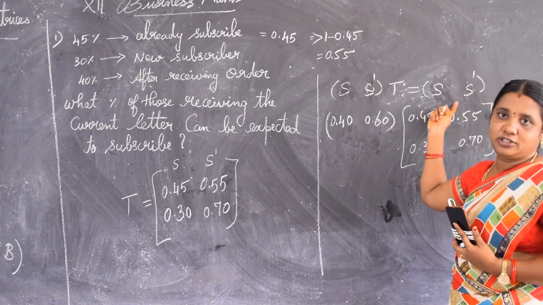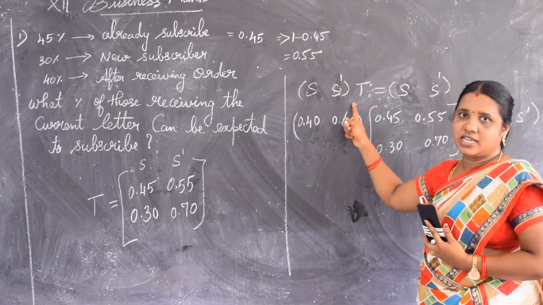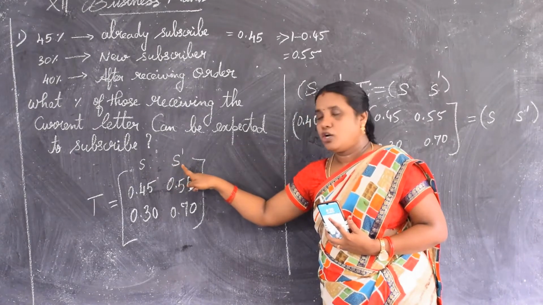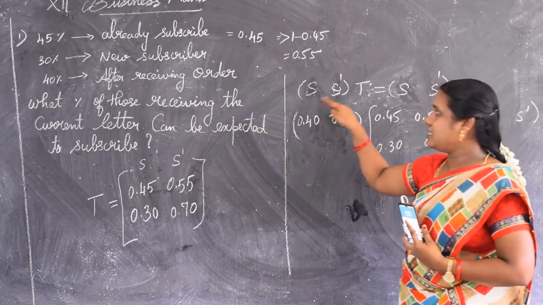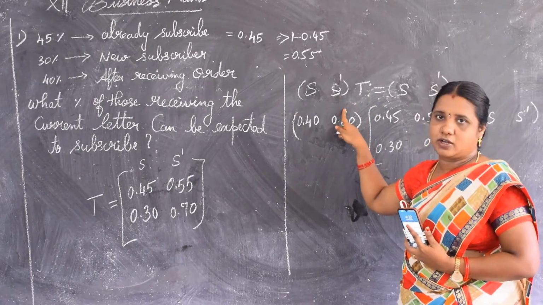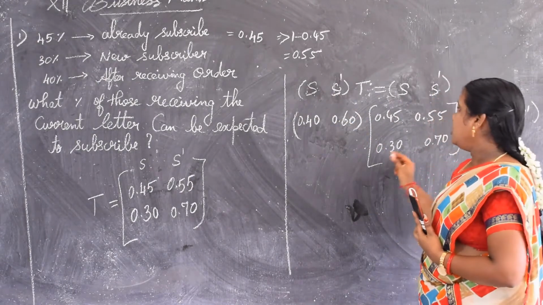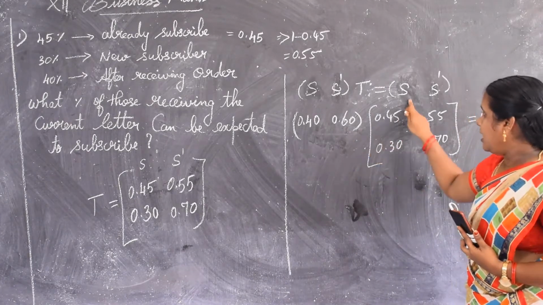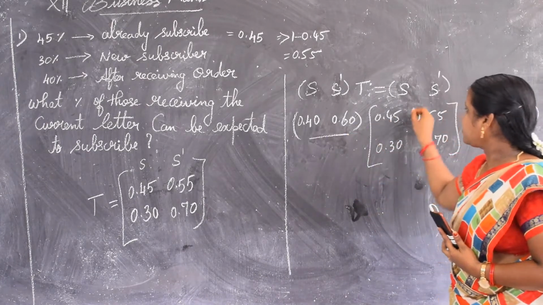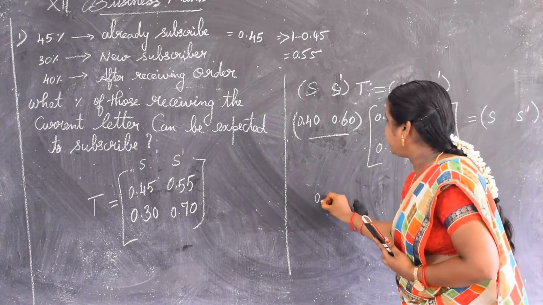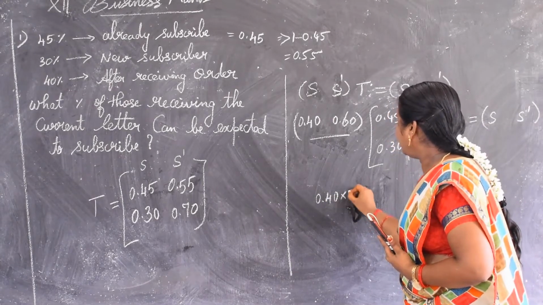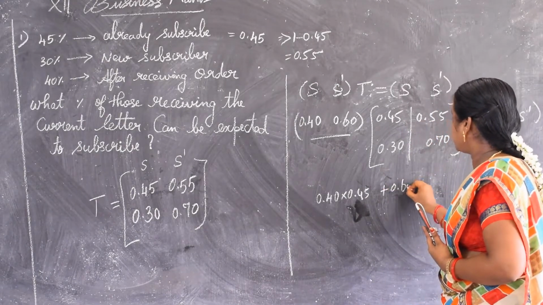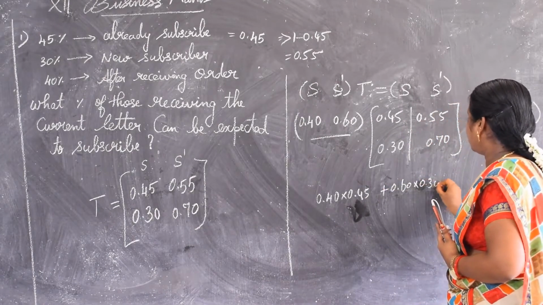Like this formula you have to know: S, S dash into T. Here I have put S, S dash because subscriber and not a subscriber are given. You can write A, B also. Have you understood? Now you simplify this. Already you know matrix multiplication. Like this you have to multiply. So what is the answer? 0.40 into 0.45 plus 0.60 into 0.30.